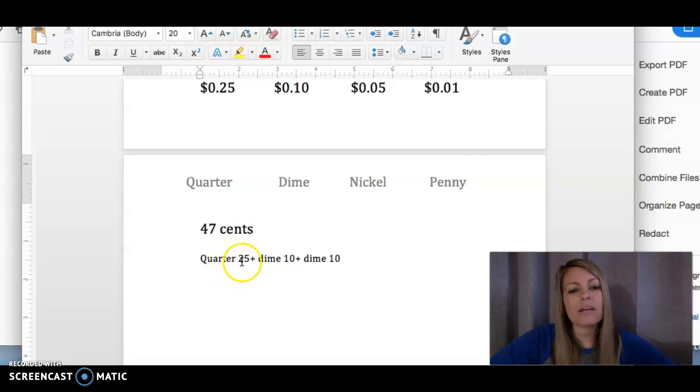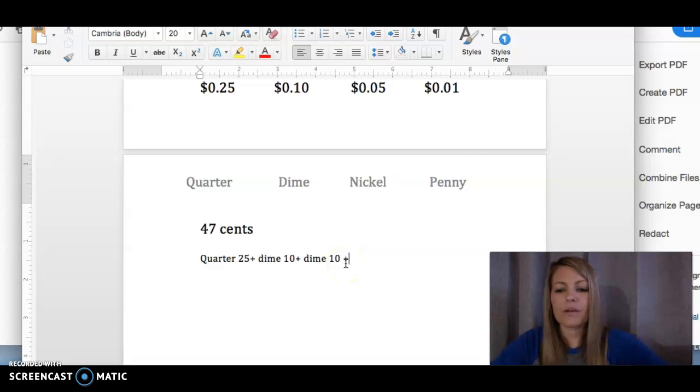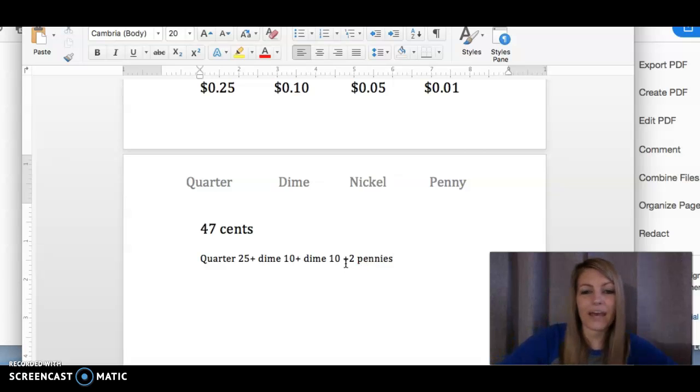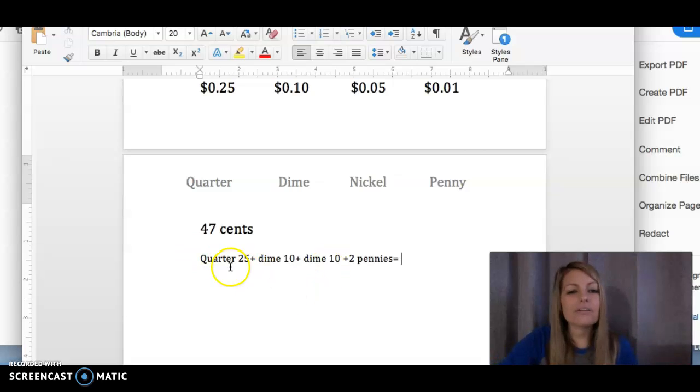So now I've got 25, 35, 45, and I'm going to add 2 pennies because 2 pennies would be worth 2 cents. Okay, so just to refresh, I've got 25, 35, 45, 46, 47. 47 cents. But I've got to do it in a different way.